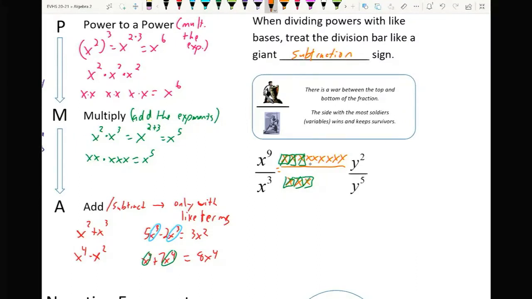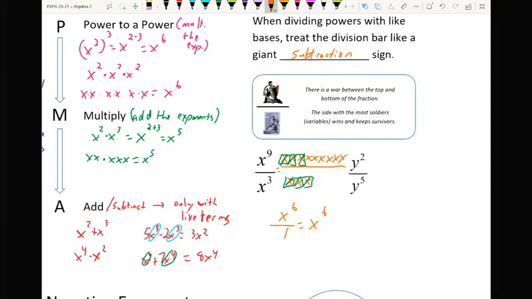And what we're left with is x to the sixth on top over 1, which is just x to the sixth. Okay, that's why we're subtracting the exponents, because we're getting rid of all of these things. And so it ends up just being 9 minus 3, which is 6.